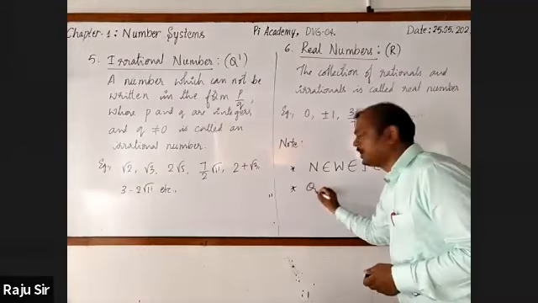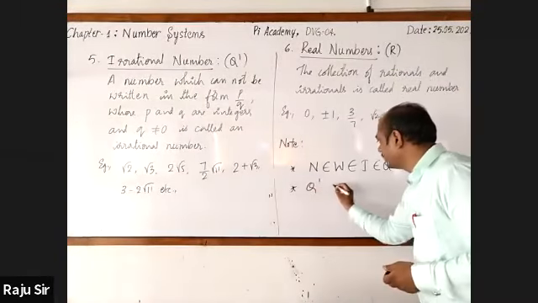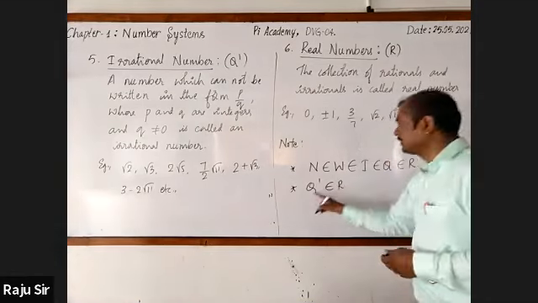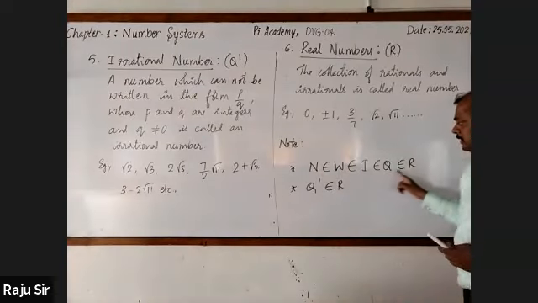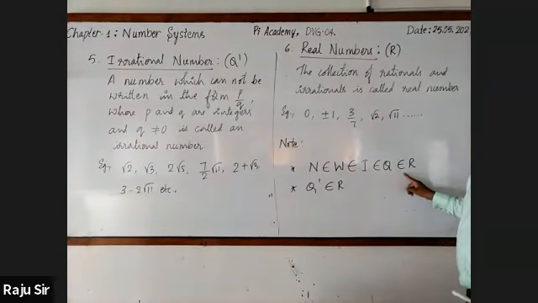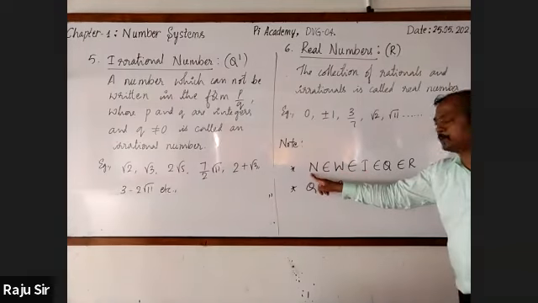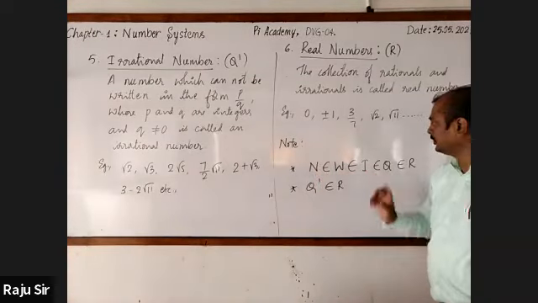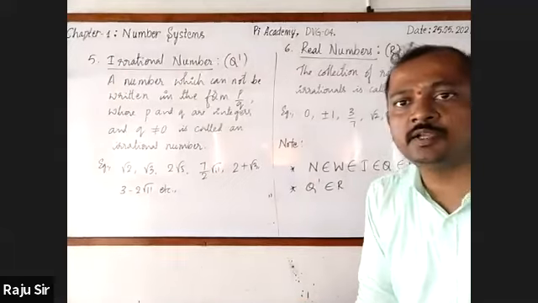Another statement: all irrational numbers are real numbers. Can we write so? Yes, sir. Copy. This is the symbolic representation of the relationship among natural numbers, whole numbers, integers, rationals and real numbers.